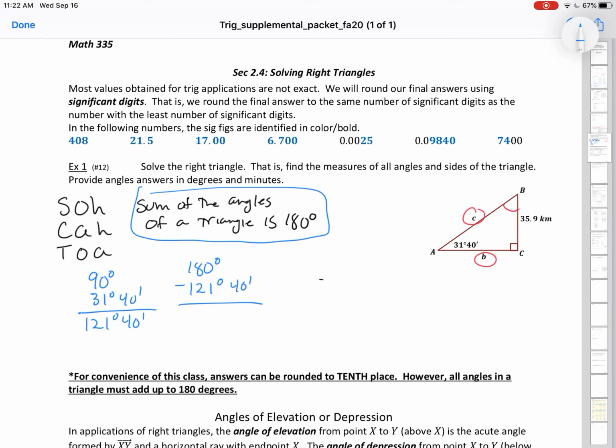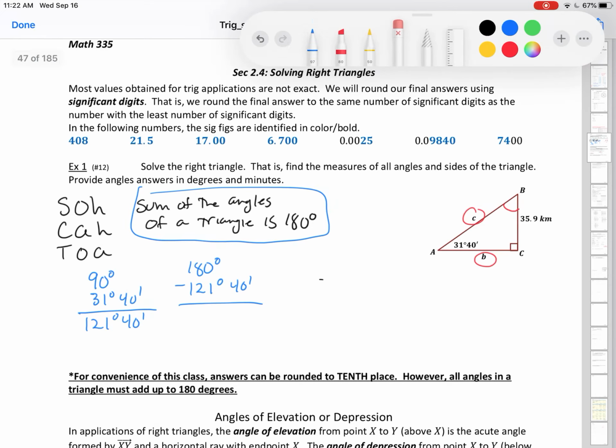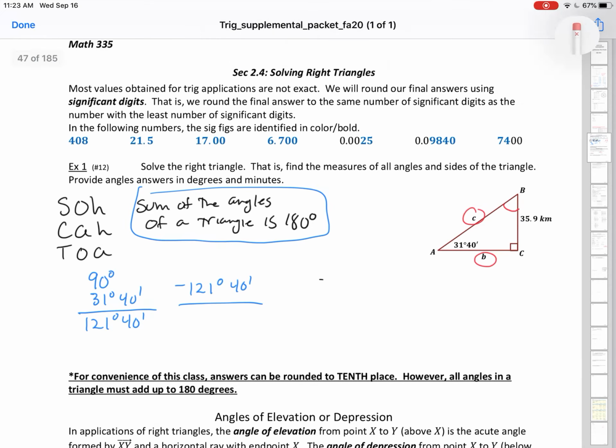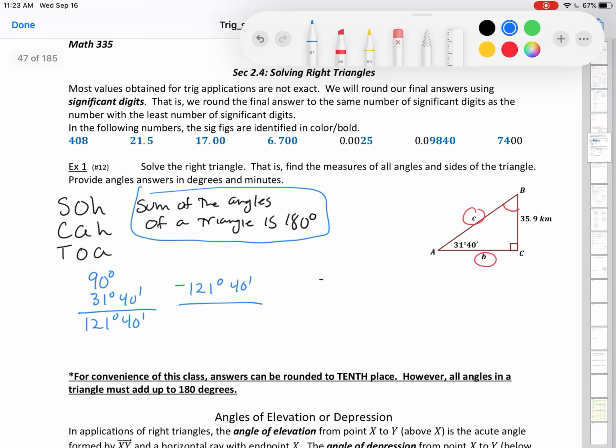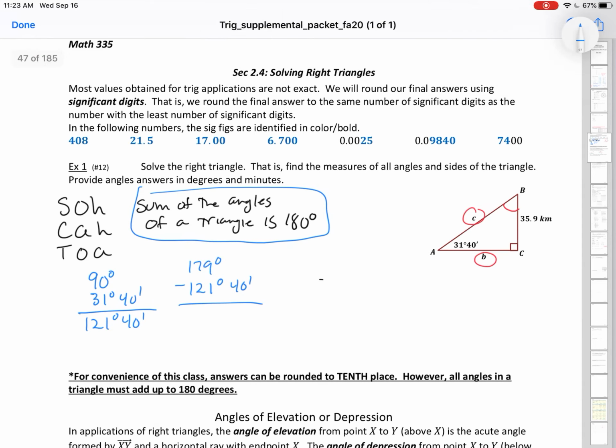Well, that's a little bit of a problem. We're going to have to replace the 180 degrees by going down a degree and translating that extra degree to its minutes. If I do the subtraction, I get a nice 58 degrees 20 minutes. That's what angle B is.